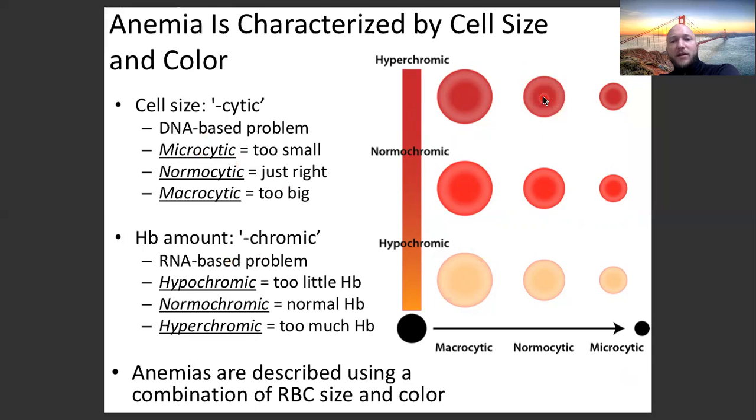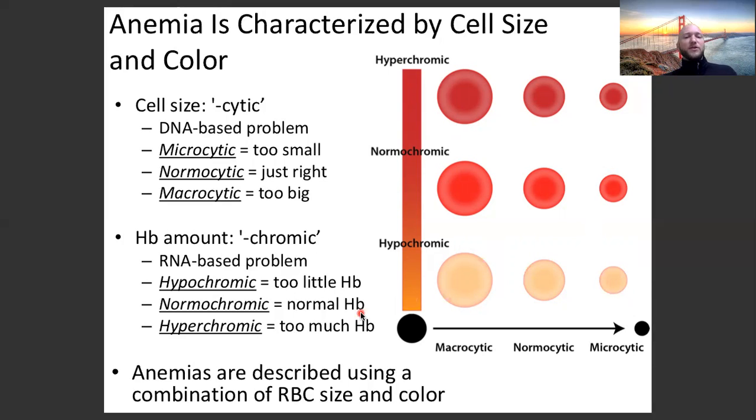Hyperchromic, it's too red, too much hemoglobin. Normocytic, it's just the right size. What about this one right here? How would you describe this cell? So it's too small. So microcytic, not enough hemoglobin, hypochromic.